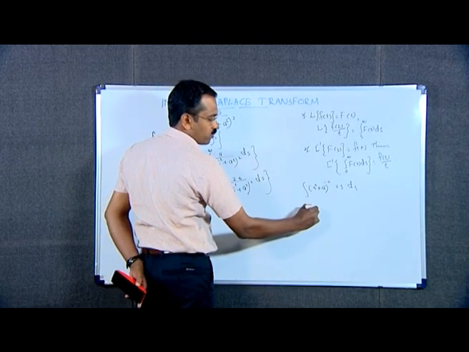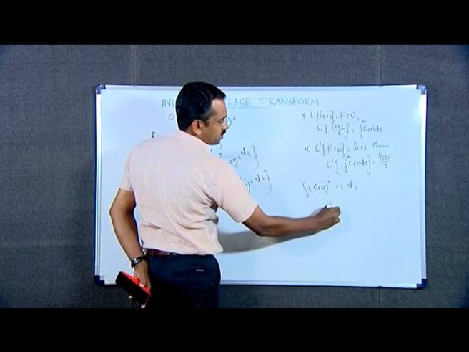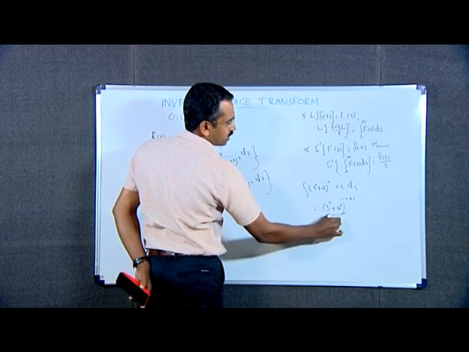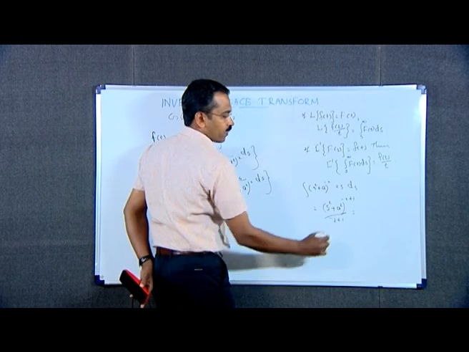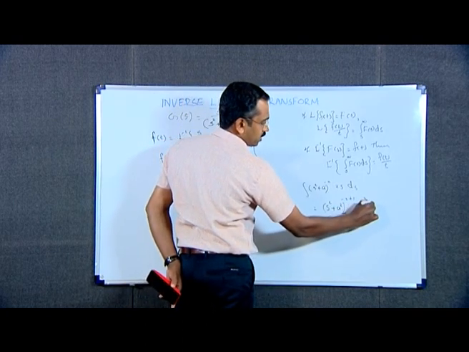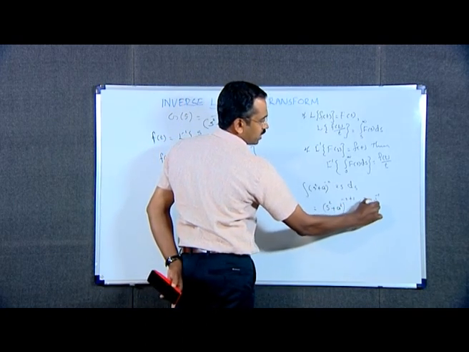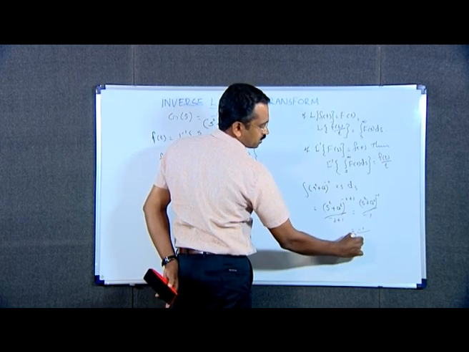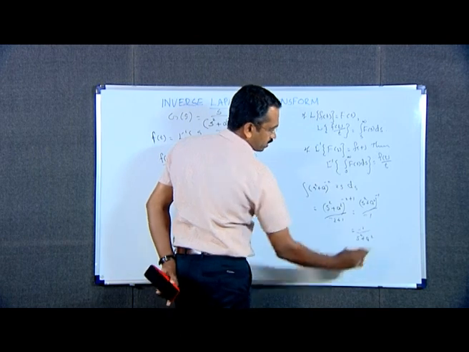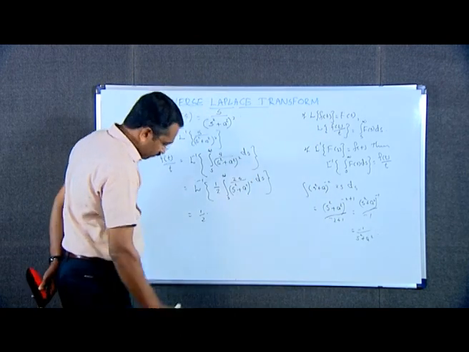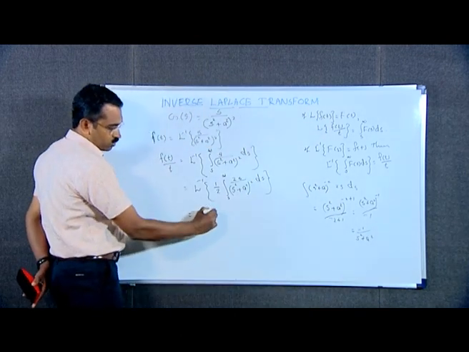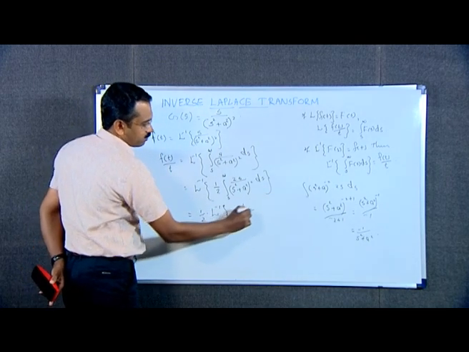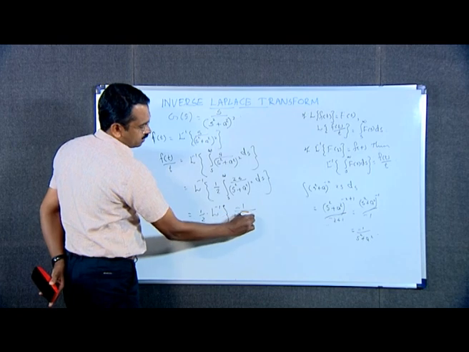That is equal to s square plus a square raised to minus 2 plus 1 divided by minus 2 plus 1, which is s square plus a square raised to minus 1 divided by minus 1, that is minus 1 by s square plus a square. Therefore, this is equal to 1 by 2 into L inverse of minus 1 divided by s square plus a square.